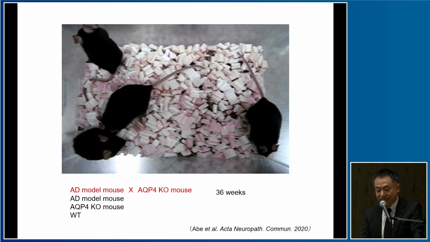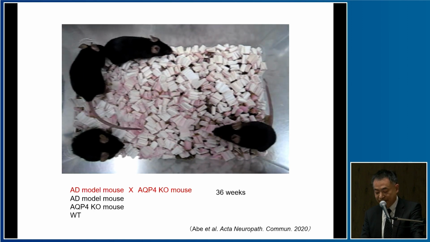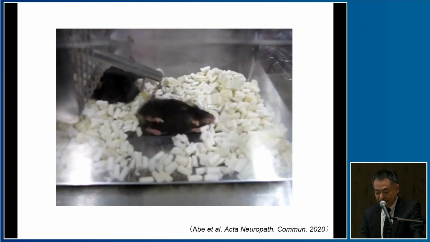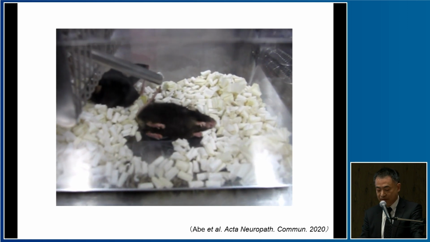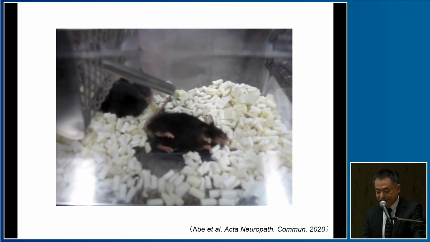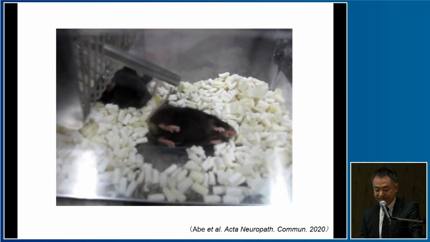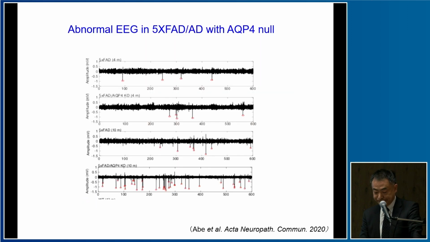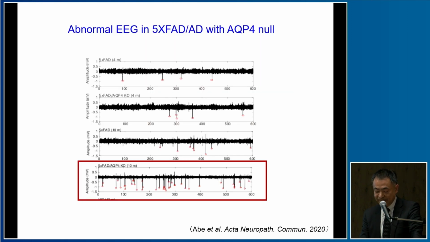This is actually the combined model at the age of 36 weeks. This mouse just stays in the same position, but always reveals seizure convulsions like this. This is one of the features of Alzheimer's disease patients, and we confirmed this abnormal spike in the EEG.